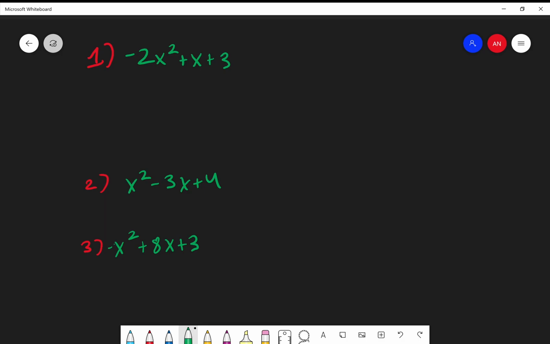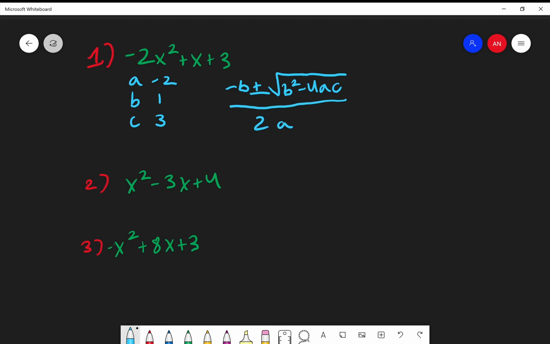Okay, let's get into the solutions. Here, our values a, b, c are minus 2, 1, and 3. So let's do minus b plus or minus the square root of b squared minus 4ac, over 2a.